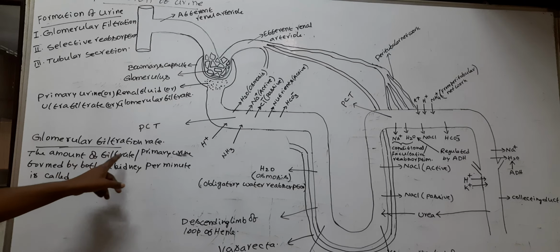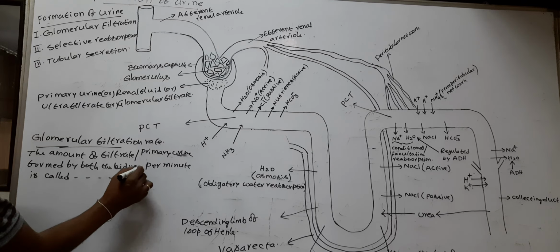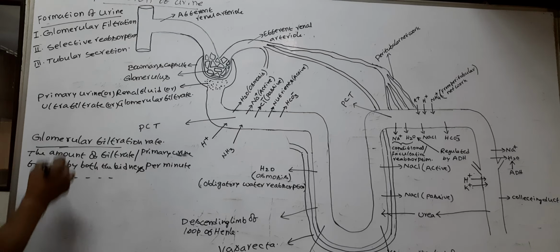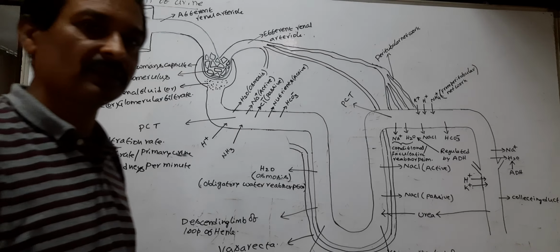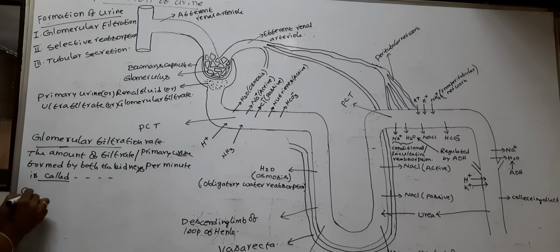So the amount of filtrate or primary urine formed by both the kidneys per minute is called glomerular filtration rate. The GFR means glomerular filtration rate.